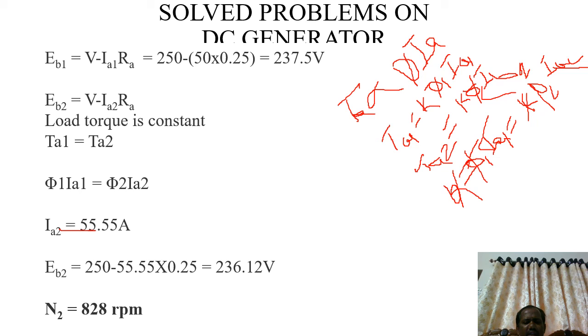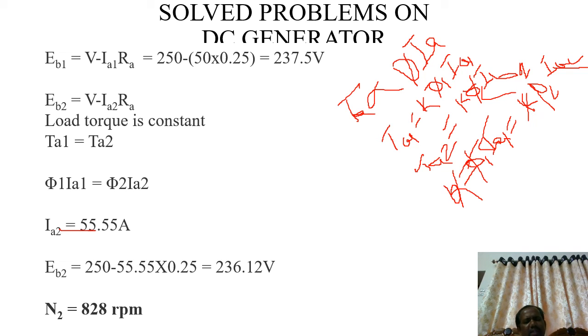EB2 is equal to V minus IA2 RA. Voltage is constant across the armature and shunt winding, so 250 volts. V is equal to 250, IA2 is 55.55 and RA is 0.25. Therefore EB2 is equal to 236.12 volts. That is, the induced EMF in the motor is 236.12 volts.